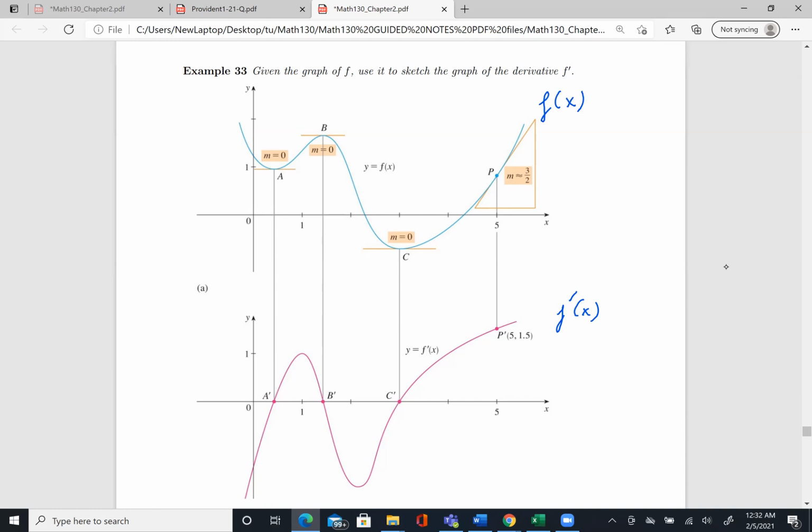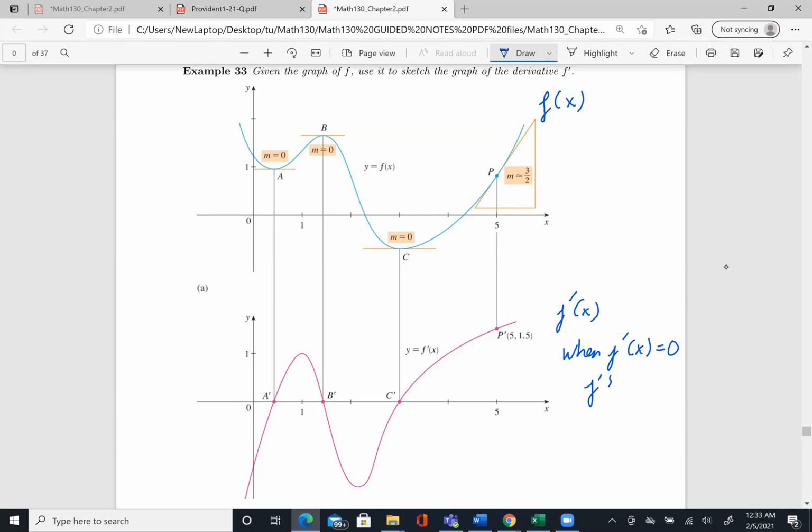From here, we're going to try to figure out what happens when the derivative of x equals 0, when the derivative of x is greater than 0, and when the derivative of x is less than 0.